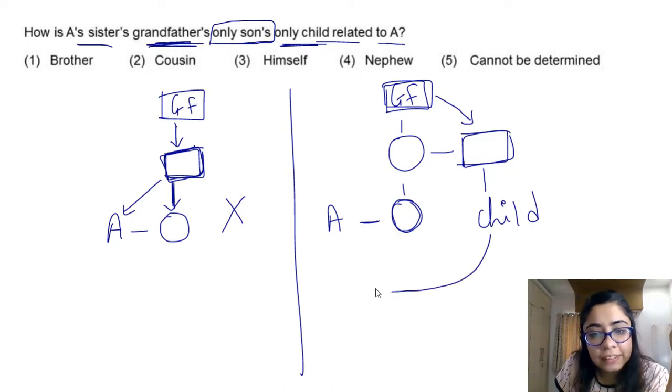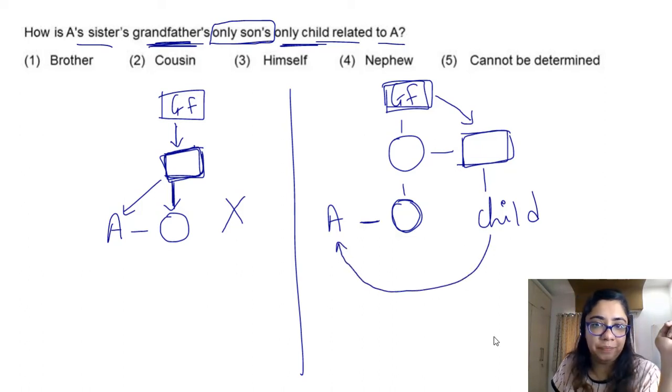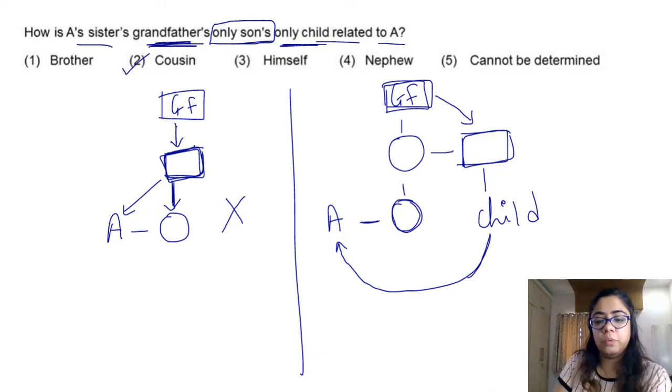How is this child related to A? Now this child could be a male, it could be a female, doesn't matter, but they are the children of different parents. So this child will be the cousin of A. Okay, that will be your answer, option 2, cousin. I hope you've understood the difference. Let's move on.